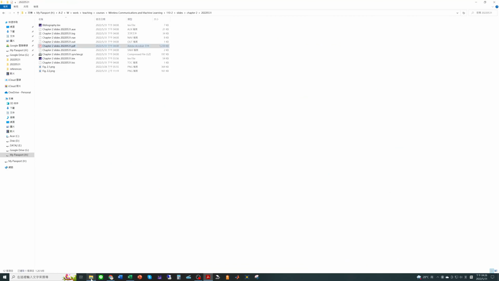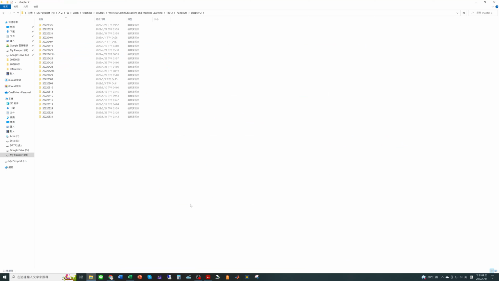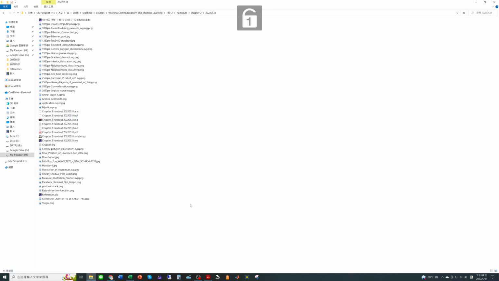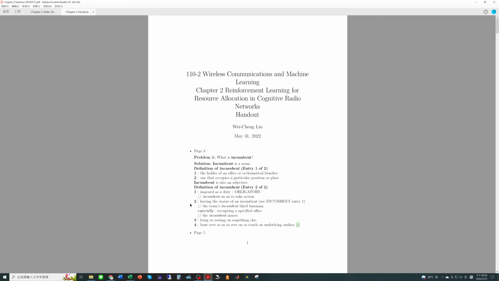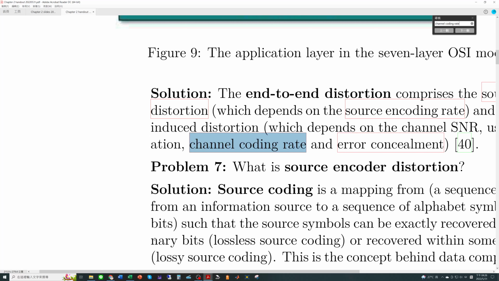So please open the handout of chapter 2, and search for channel coding rate. Okay, good. Here, channel coding rate.